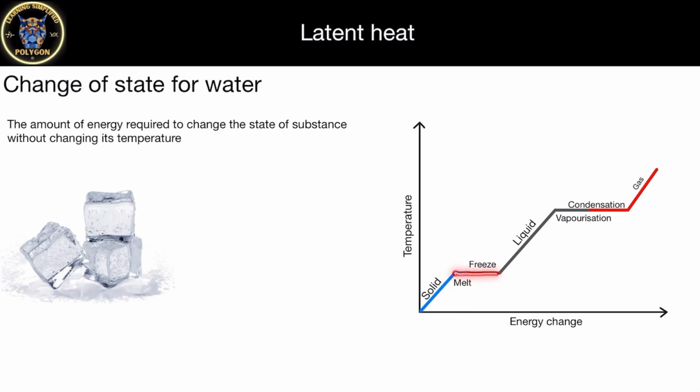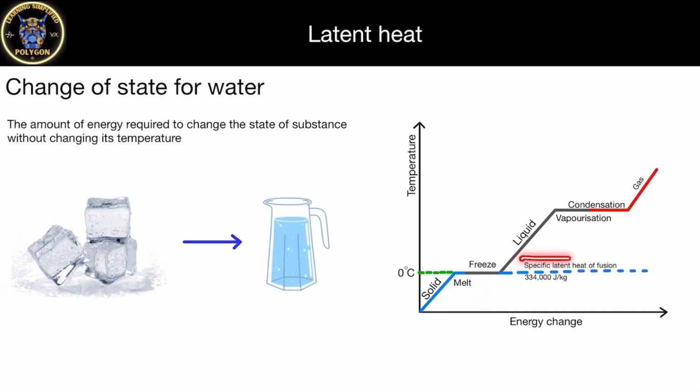At that point, which is the melting point of ice, it is still absorbing energy, but for a period its temperature remains at 0 degrees, and all the absorbed energy is used to break the bonds in ice to convert it to liquid water. This energy to break the bonds of solid ice to make it into liquid water is called specific latent heat of fusion, and its value is roughly 334,000 joules per kilogram.